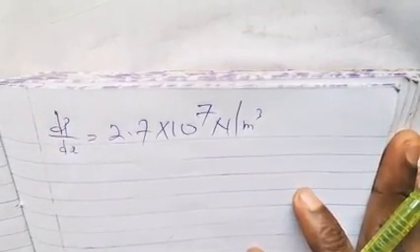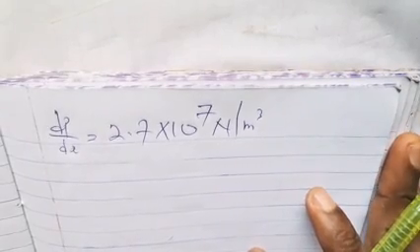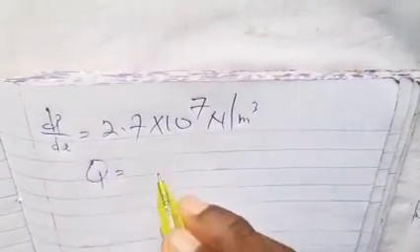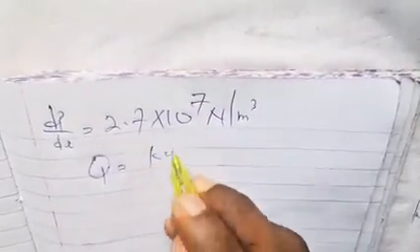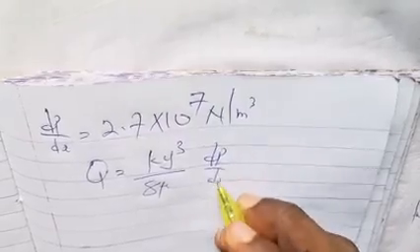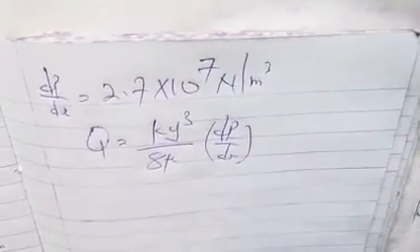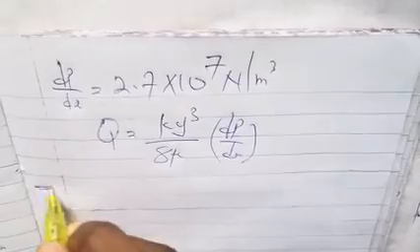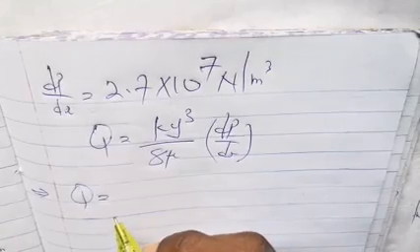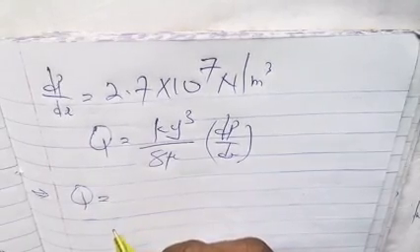If we know our pressure gradient, we can plug back into the equation. Let me recall the equation again: discharge is equal to K y cubed all over 8 mu times dp/dx. Let's plug in all our parameters. K is a constant, and we've obtained the constant for the rectangular shape to be 96,000.